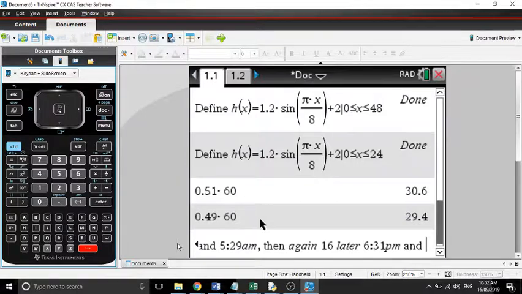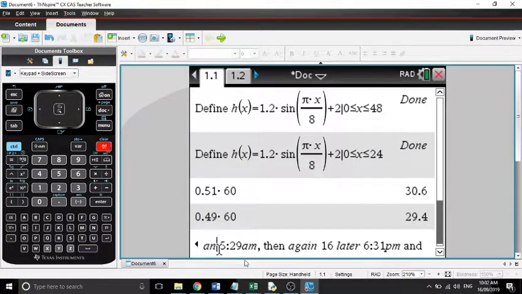Sorry, this should be between 5:29, then again 16 hours later. 16 hours makes that 9:29 p.m. So that's when they can leave the harbour, between those two times.